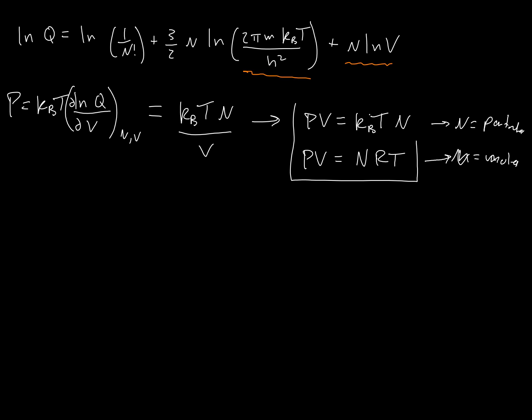Right, same form, the only difference is that in one case we're keeping track of the number of particles, in the other we're keeping track of the number of moles, which is still just a counting unit. So we're just scaling them by Avogadro's number. Good thing it works out.